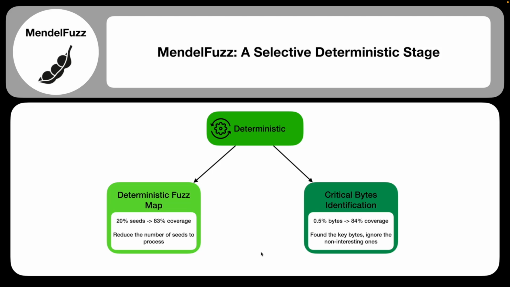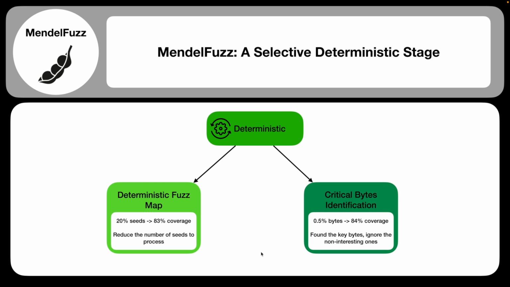Each of these tackles one of the two core findings, the first being that 20% of seeds result in 83% of coverage. So if you can find these 20% of seeds, or at least the subset of seeds which get you more coverage, and ignore the rest, you can have a more efficient deterministic stage.